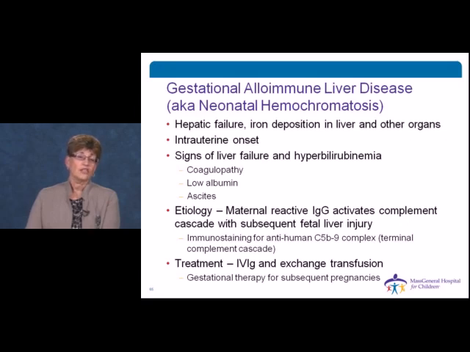GALD has an intrauterine onset. Signs of liver failure and hyperbilirubinemia are noted right away at birth, with coagulopathy, hypoalbuminemia, and ascites. The etiology was noted by Whittington to be reactive immunoglobulin G from the mother, which activates the complement cascade in the infant with subsequent fetal liver injury.